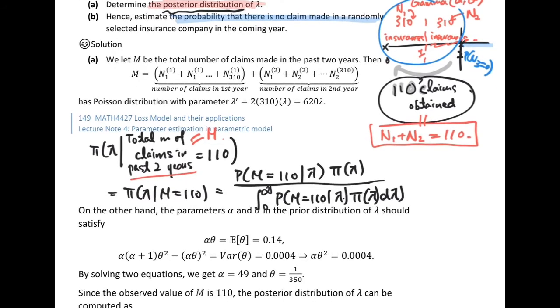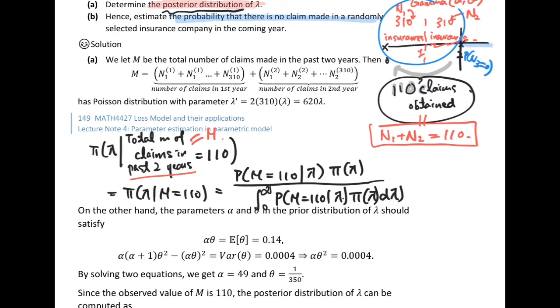In order to continue, of course, you have to compute these two conditional probabilities, which are related to m. In order to get this distribution, you have to get the distribution of m. Remember, m is the total number of claims in the past 2 years. Now, how do we do that?